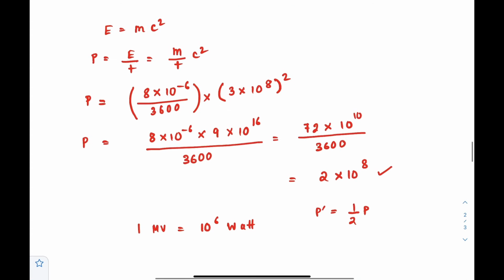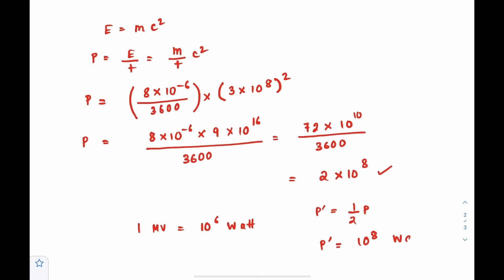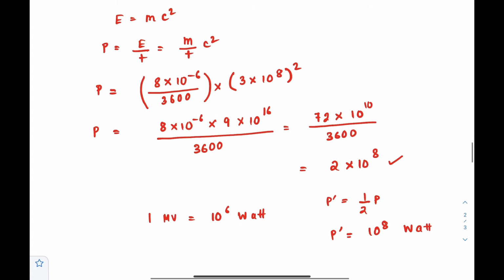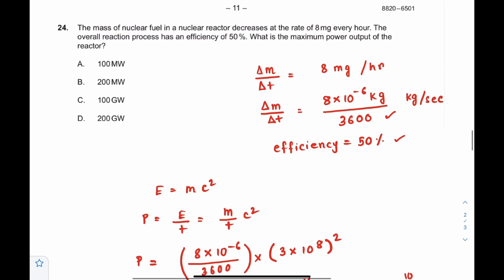So the net power produced will be equal to 10^8 watt. 1 megawatt is 10^6 watt, so 10^8 watt is how much megawatt? 100 megawatt, right? So the correct option to this question is option number A, that is 100 megawatt.